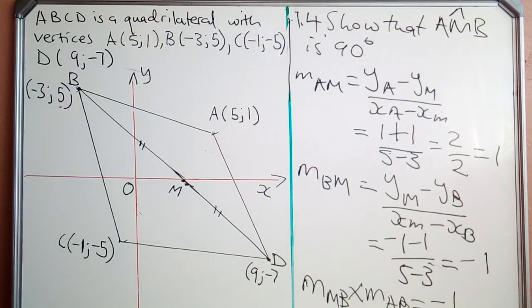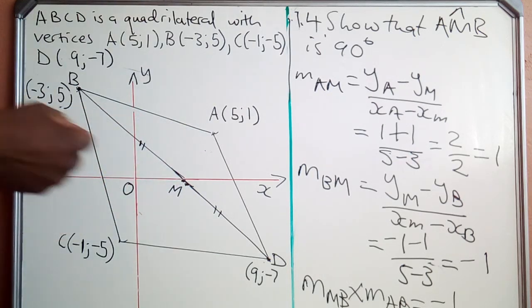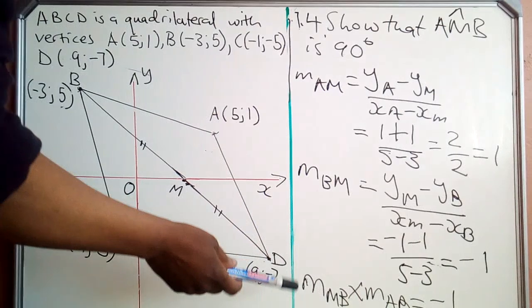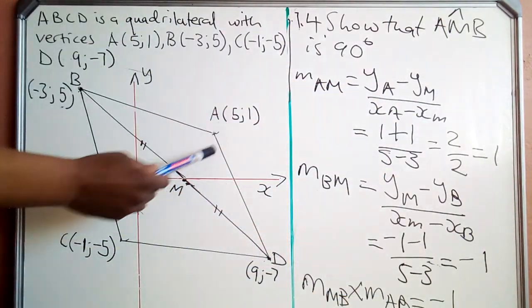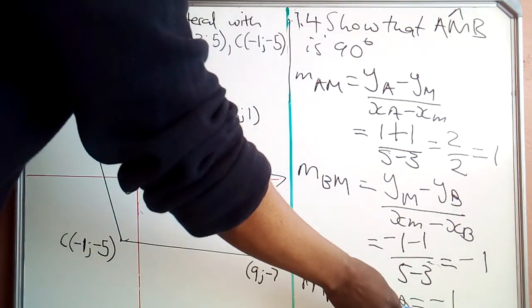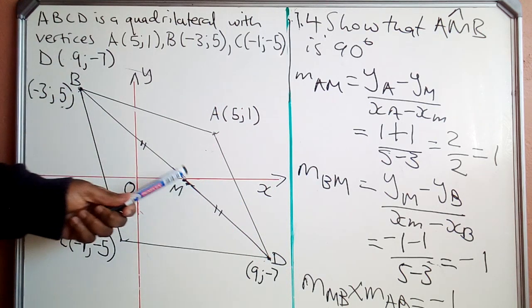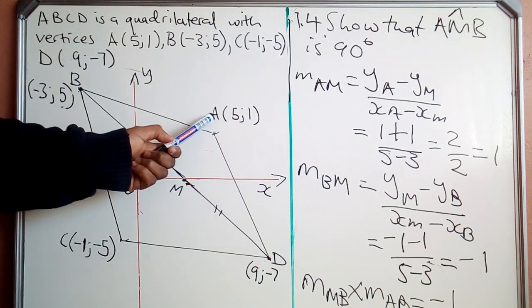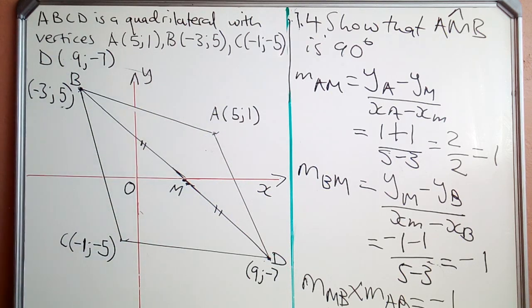That proves that the two lines meet at a right angle. If you multiply the gradients of two lines that are perpendicular to each other, they must give you minus 1. So the gradient of MB times the gradient of AM is equal to minus 1.